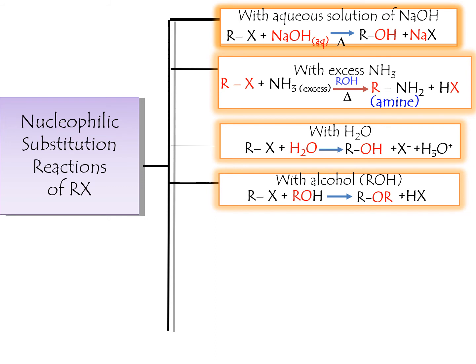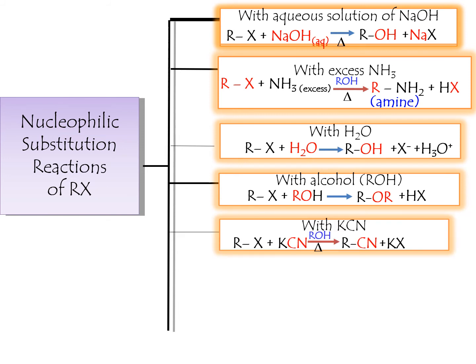When haloalkane reacts with alcohol, the product is ether with general formula ROR. The nucleophile from alcohol is alkoxide ion RO-. Refluxing a haloalkane with potassium cyanide KCN or sodium cyanide NaCN in alcohol, the halogen is replaced by a cyano group CN- and a nitrile compound is formed.